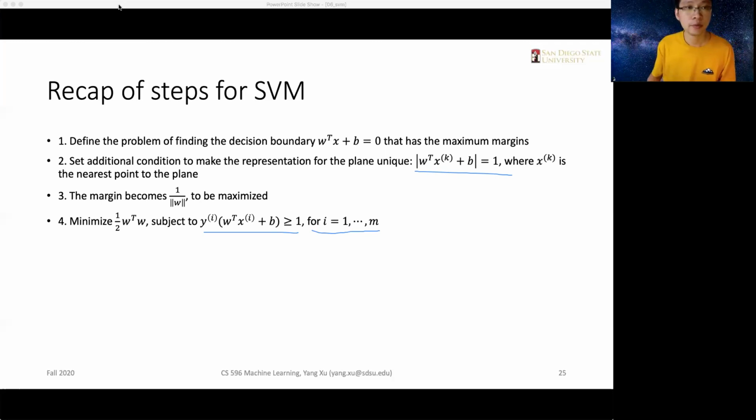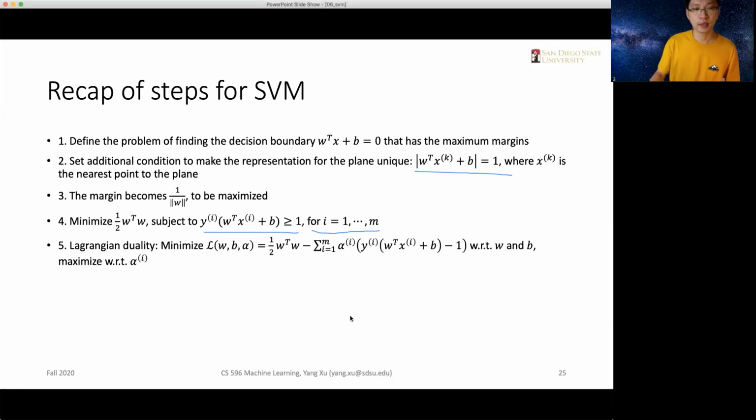So we need to use the Lagrangian multiplier or Lagrangian duality to solve it. We construct a Lagrangian in this form using m alphas, where each alpha corresponds to one data point.